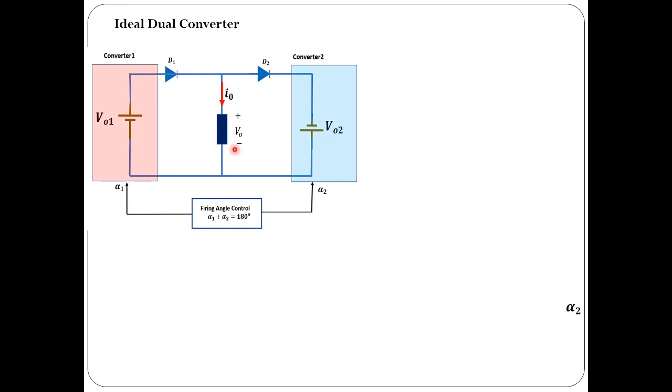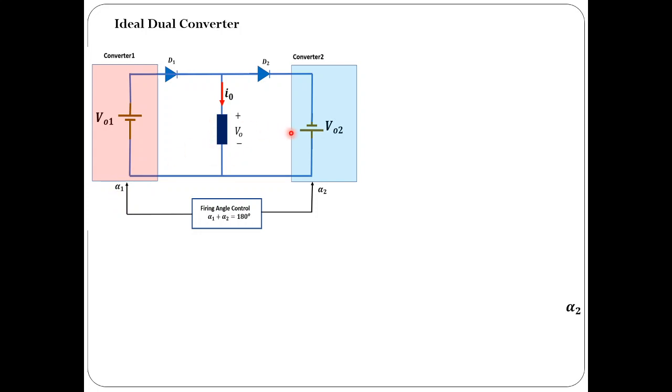Now the firing angle control should be such that alpha 1 plus alpha 2 must be equal to 180 degrees if you operate both at a time. For example, if you operate converter 1 alone, you can vary alpha 1 from 0 to 90 for rectifier mode operation, that is first quadrant operation, and if you maintain alpha 1 greater than 90 degrees, you will have fourth quadrant operation.